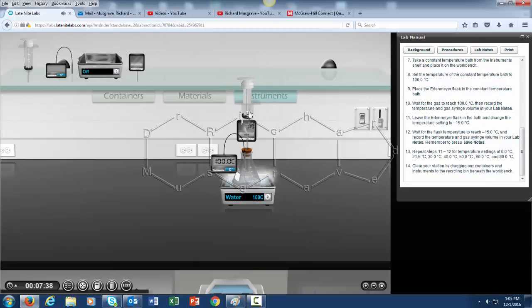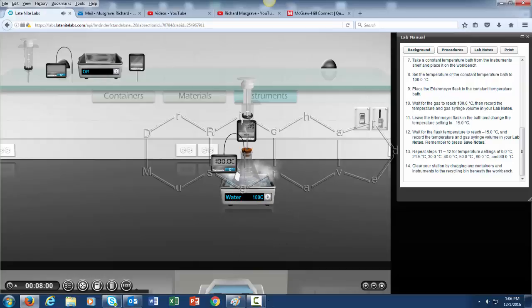You'll be able to get what the volume of that is going to be. Now it's telling you 0.0, 21.5, 30.0, 40.0, 50.0, 60.0 and 80.0. And you can get all those temperatures just by clicking on the constant temperature bath, and it will give you all of those different temperatures.